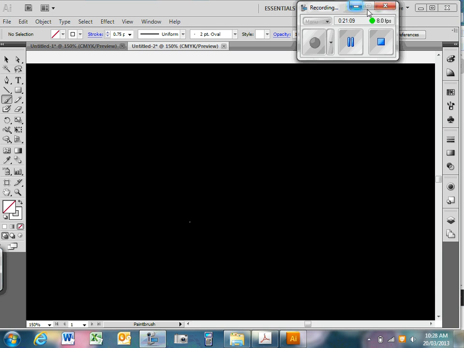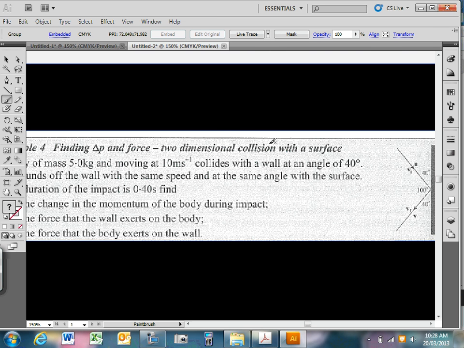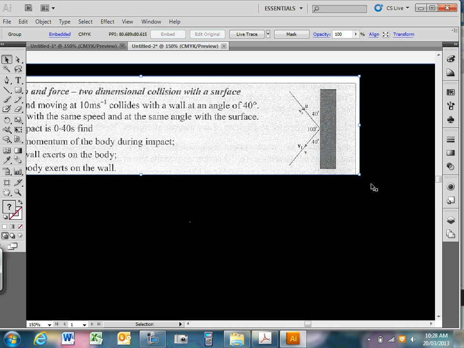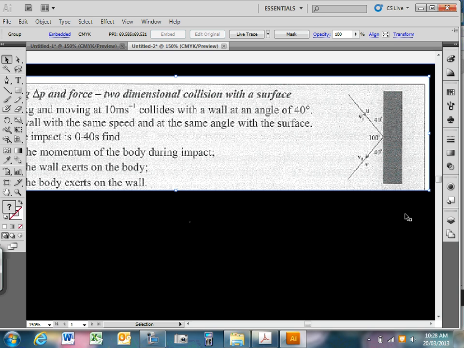Momentum. Of course, I'm going to ask you to have a go at this, please. Just before I make this small, take note of the diagram. They're saying VI is U, VF is V, 40 degrees, 100 degrees.